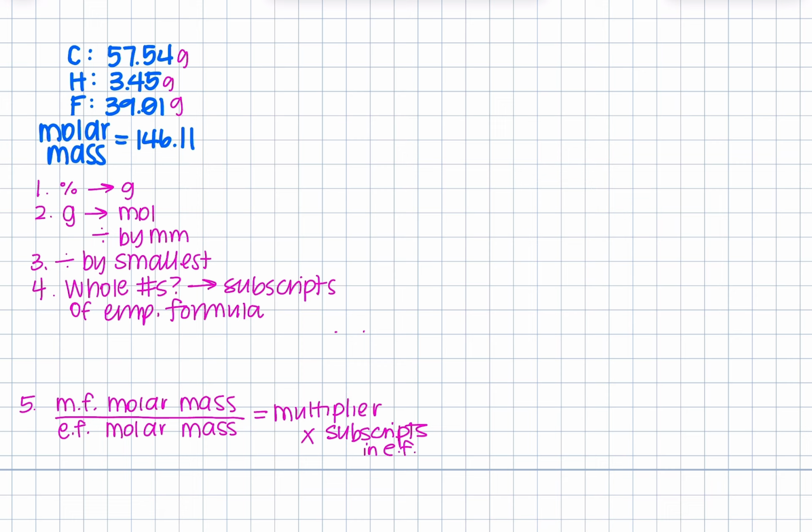Then I'm going to convert them to moles by dividing by their molar mass. The new player to the game here is fluorine. Its molar mass is 19.